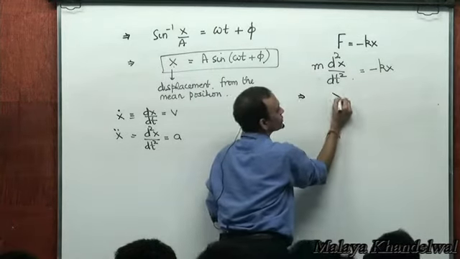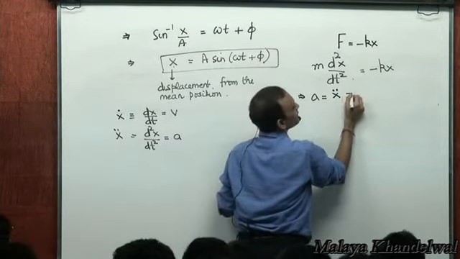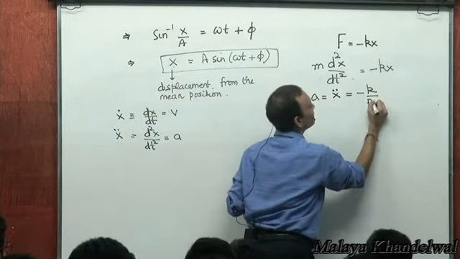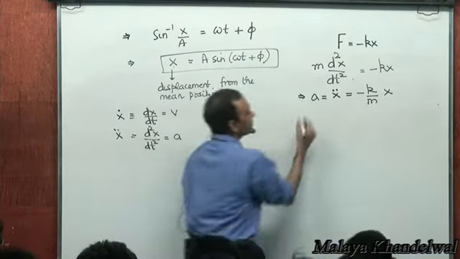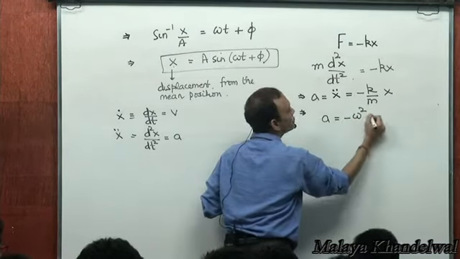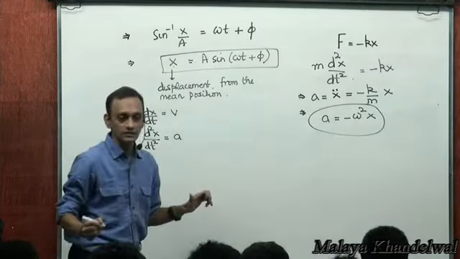x double dot, the acceleration, is minus k by m into x. So the acceleration is minus omega squared into x. That's the acceleration of the particle as a function of x.